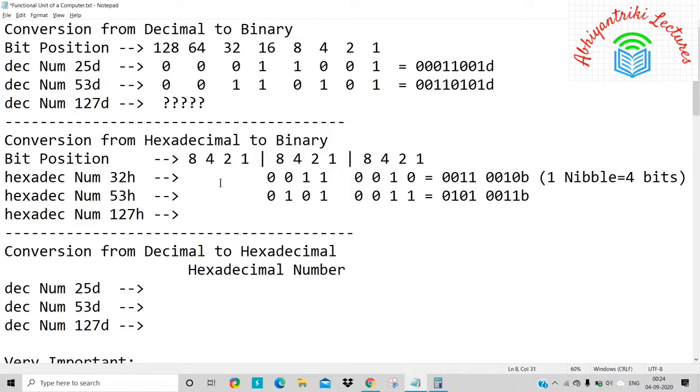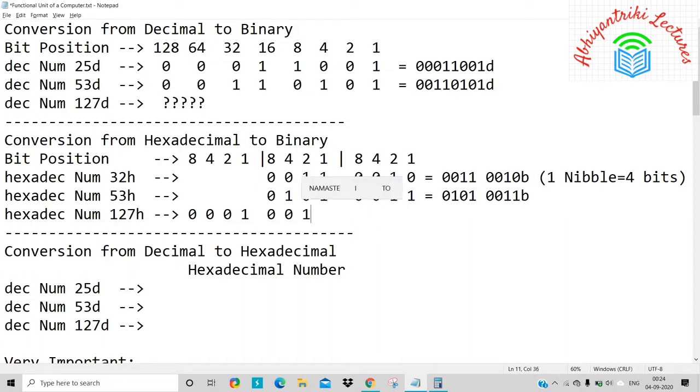Okay, fine. So now what you have to do: first take the first digit and write 0 0 0 1. Similarly, take the second digit 2 and write 0 0 1 0.